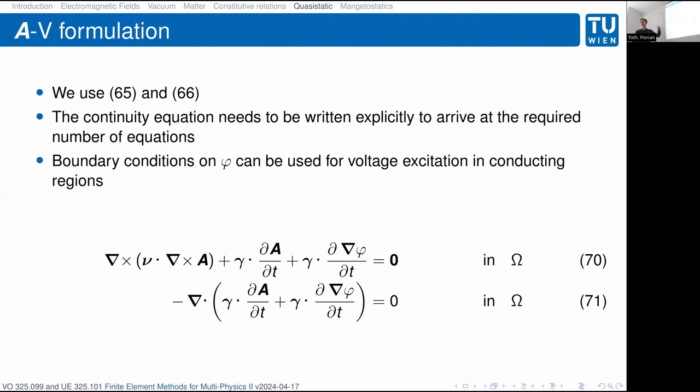We haven't spoken about boundary conditions too much yet, only on the field equations, but of course these equations need boundary conditions like every boundary value problem, and here the forcing can be introduced via the boundary conditions on the electric scalar potential.